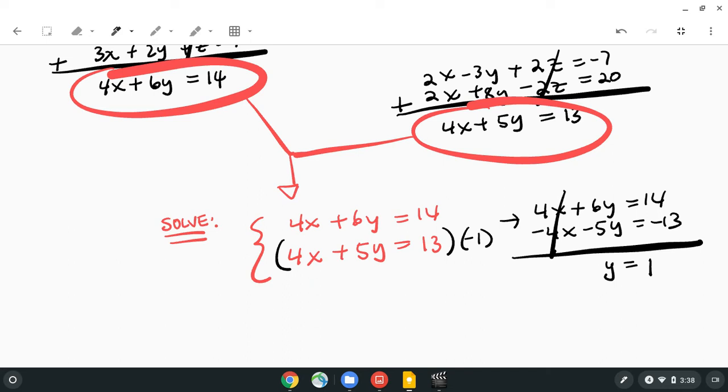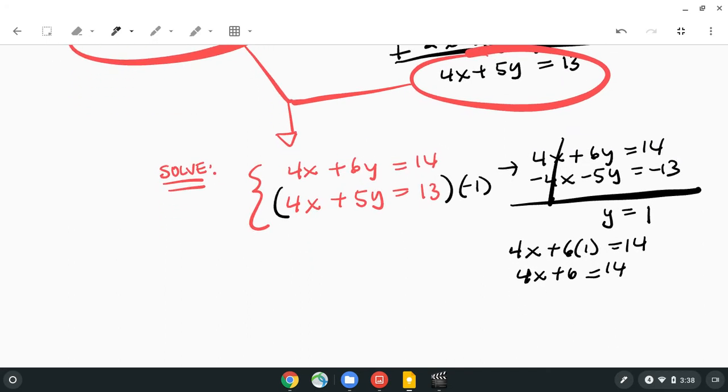And now I can go back into my smaller system and solve for x. I'll use the first equation, 4x plus 6 times 1 equals 14. So 4x plus 6 equals 14. 4x equals 8. x equals 2.